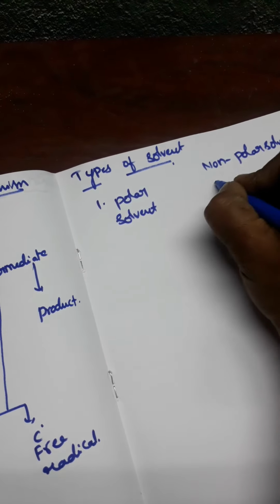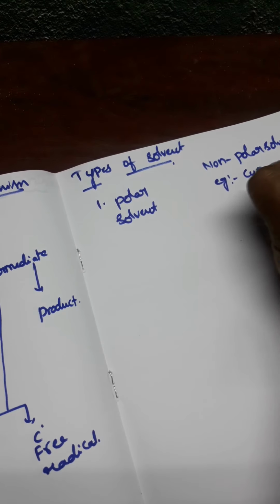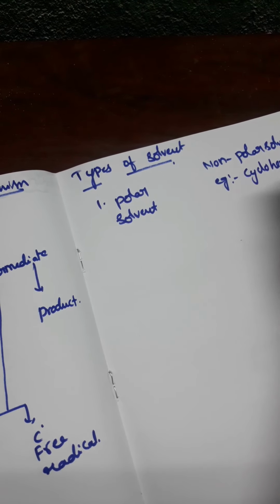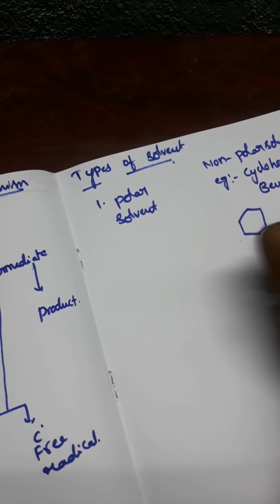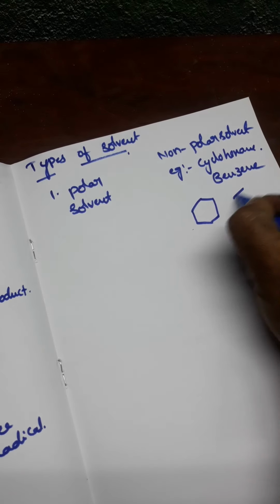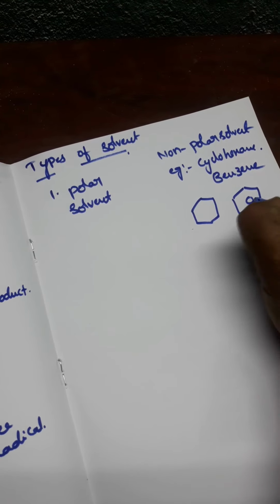Non-polar solvent examples: cyclohexane and benzene. The structure of cyclohexane is like this, and benzene is this one.